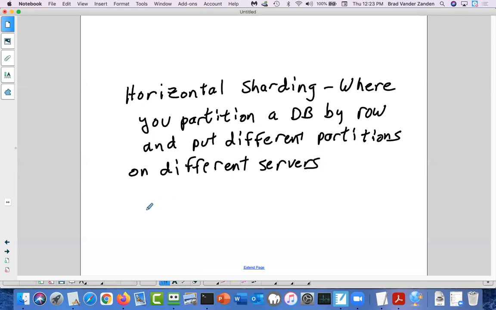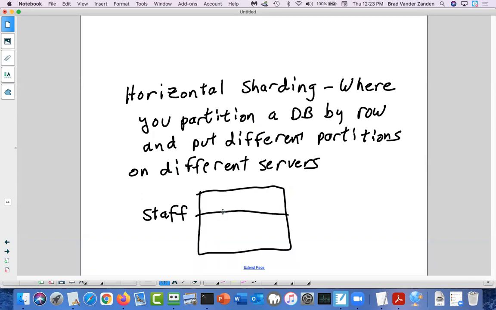So for example, if you have a staff relation, a very simple example is you divide it in two. You put the upper half on server 1, and you put the second half on server 2. That'd be an example of horizontal sharding. A lot is made of the fact that horizontal sharding makes NoSQL databases faster.